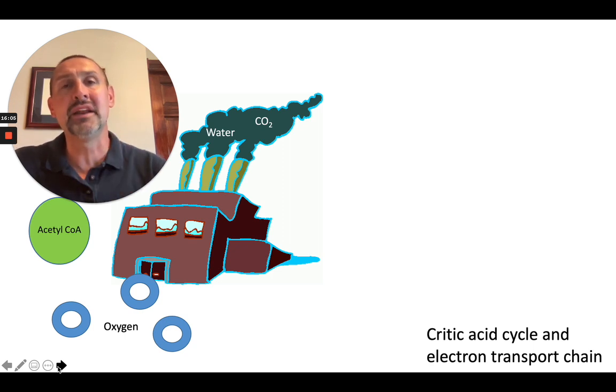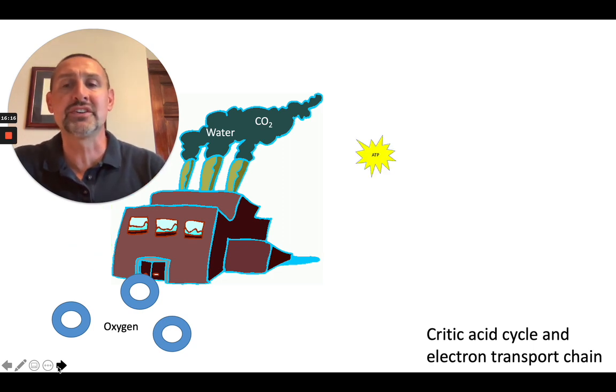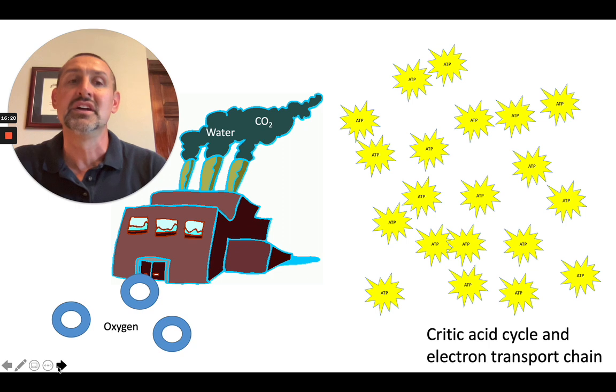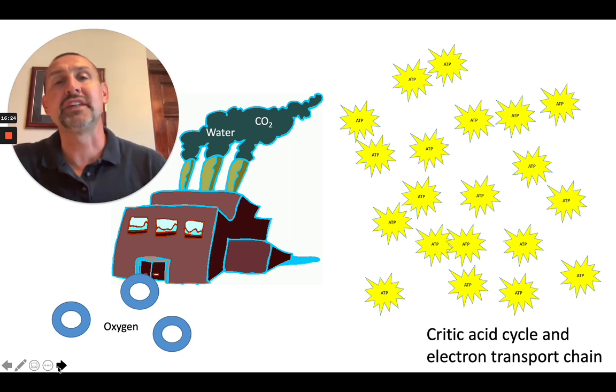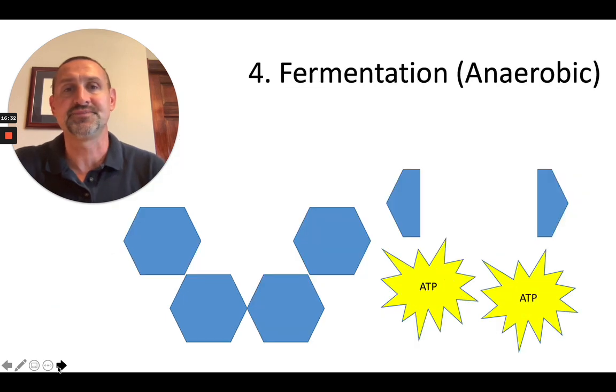So as your body is making this energy molecule, it's giving off water and carbon dioxide. So the acetyl-CoA goes into the factory with some oxygen, and you get loads of ATP. That process is helped along by something called the citric acid cycle and the electron transport chain. That's how all these ATP are being produced.